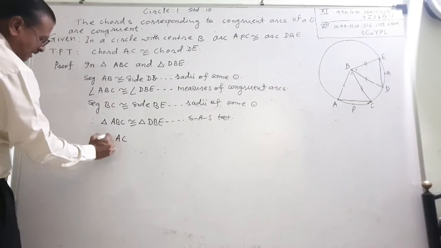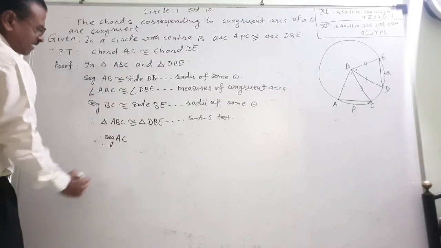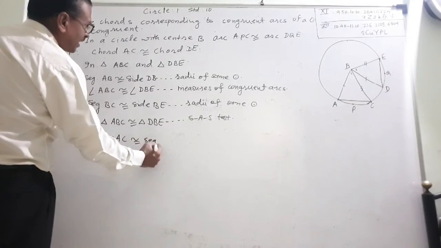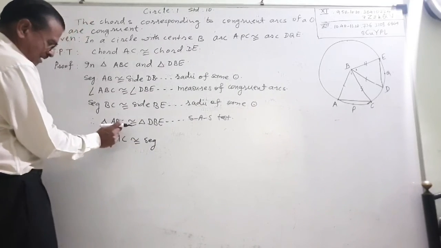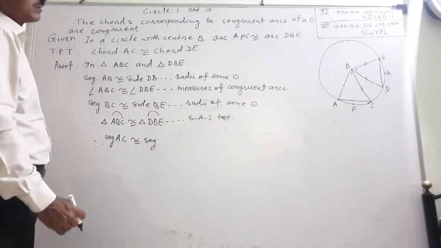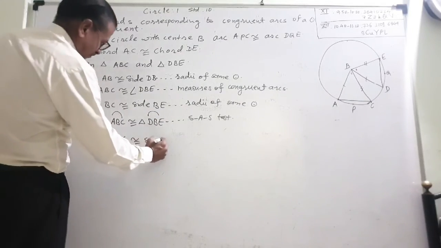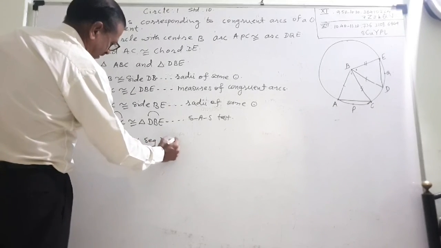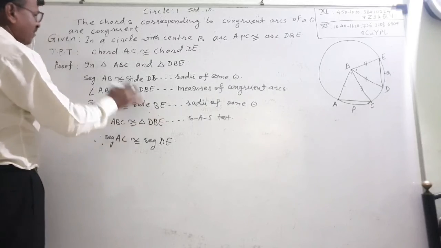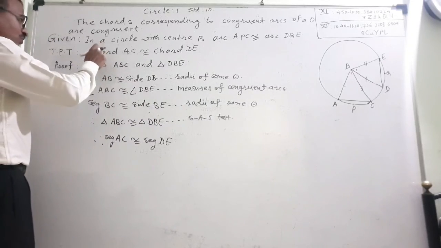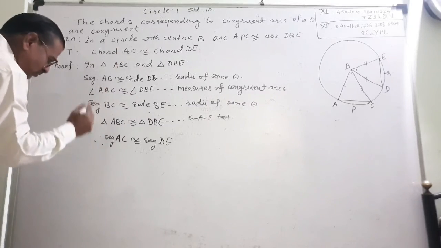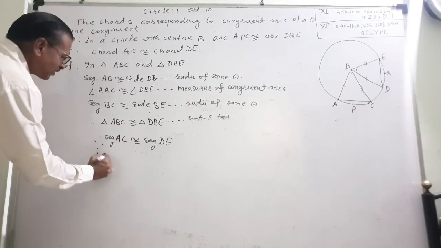Am I right? Segment it is. Segment AC congruent segment DE. But in the proof, I have not said segment. In the what to prove? To prove chord. So here also I will say chord.